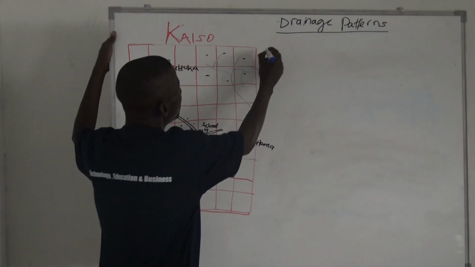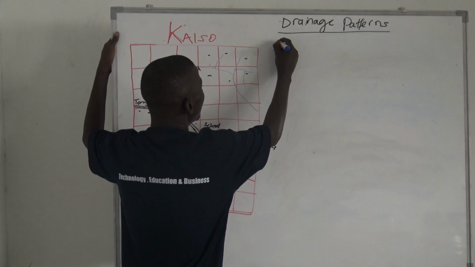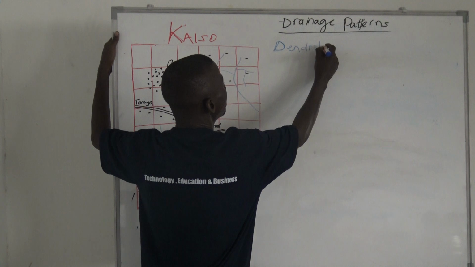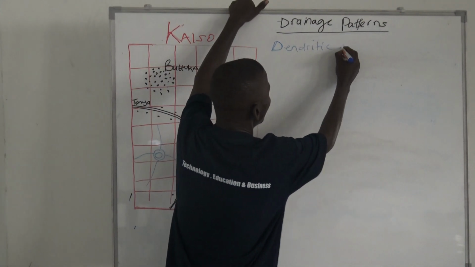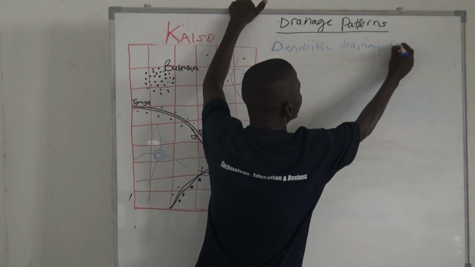So the first drainage pattern is called dendritic. Dendritic drainage pattern.